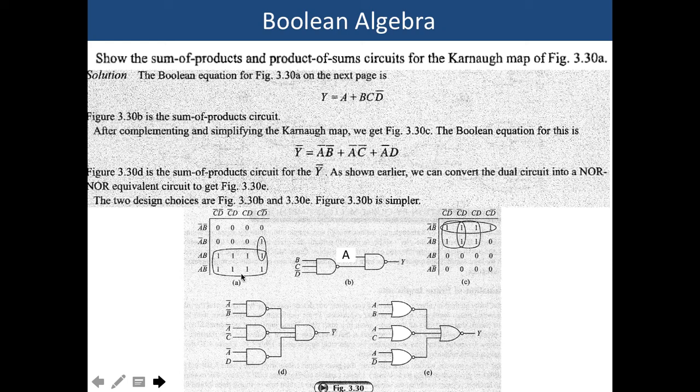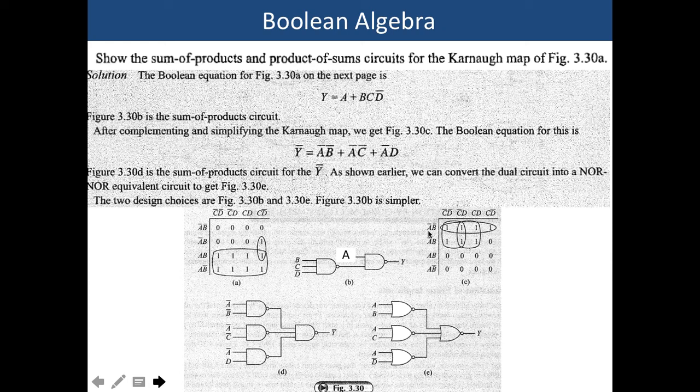Now we will make the complemented K-map. So the complemented K-map is 1 1 1 1 1 1 0, and again we will make groups: one quad, second quad, this horizontal group, and this is the overlap. So if we make the equation for this one, here common is A bar, or we will take first this group.